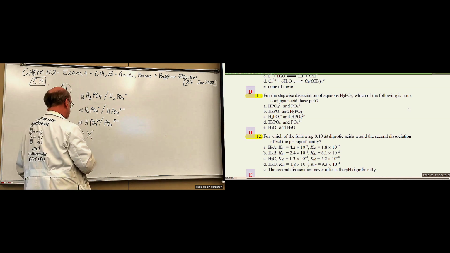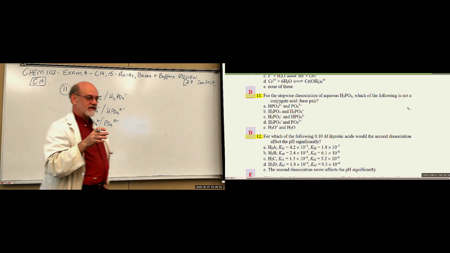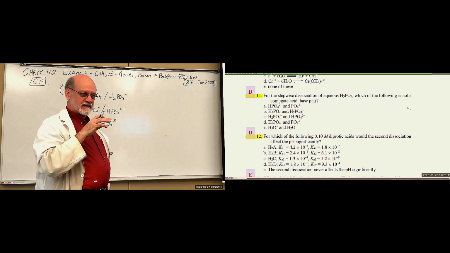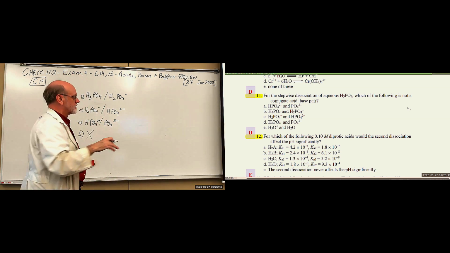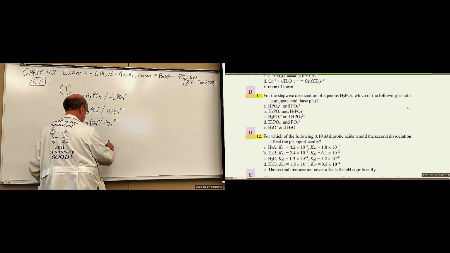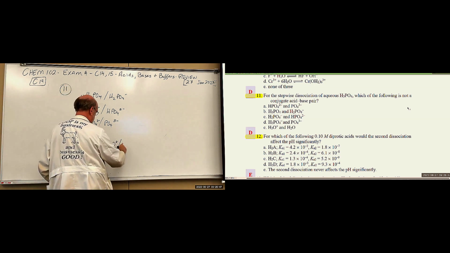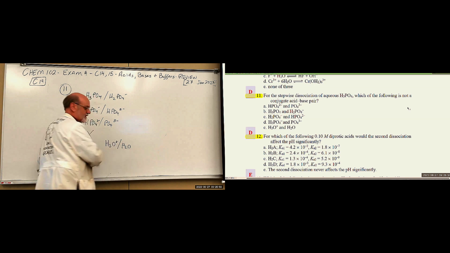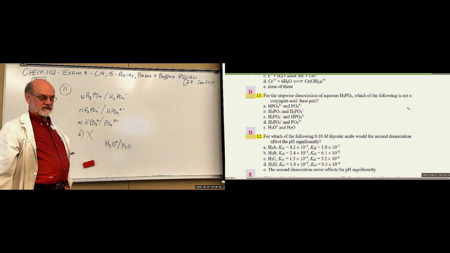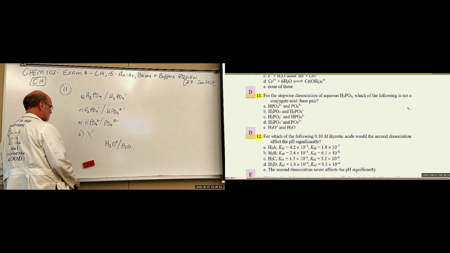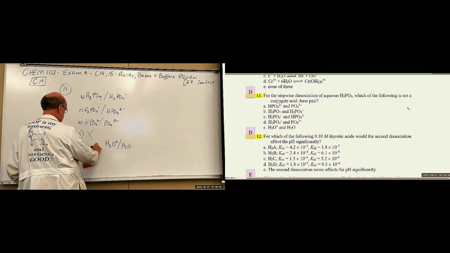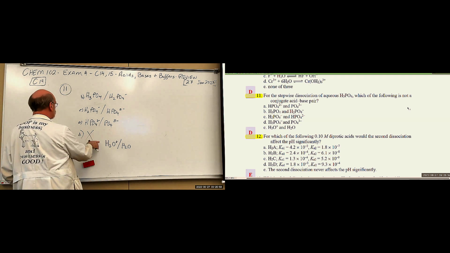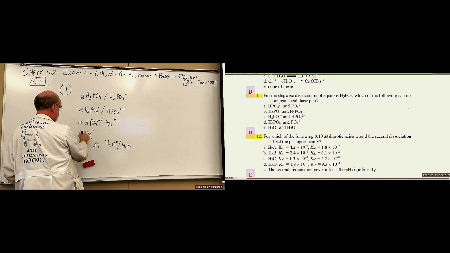And E is thrown in there just to make the point that in all aqueous solutions, that's true, always. Right? So, yeah, A, B, C, and E are true, D is false.